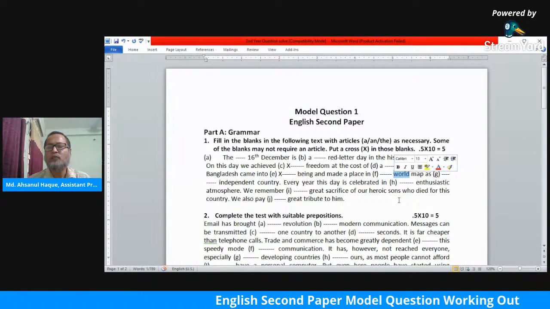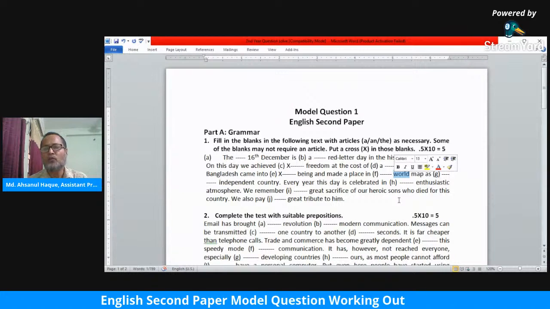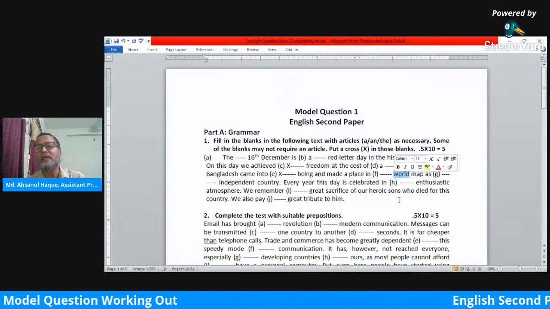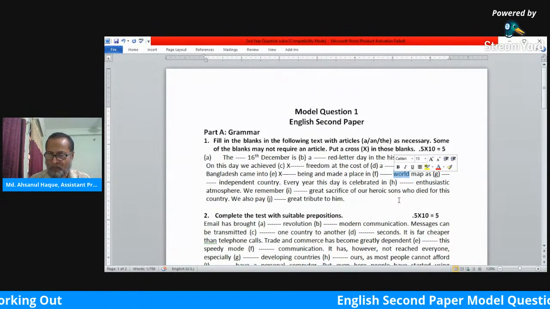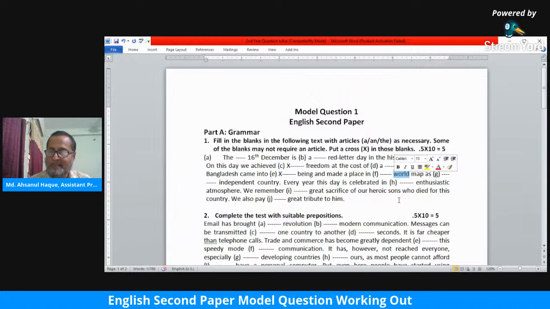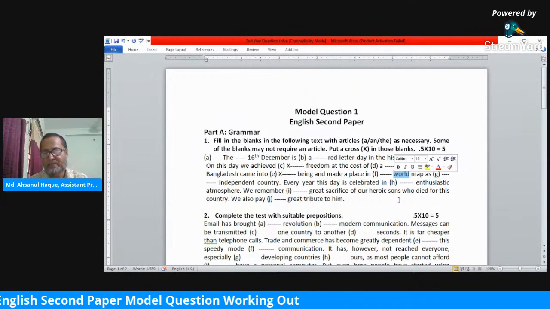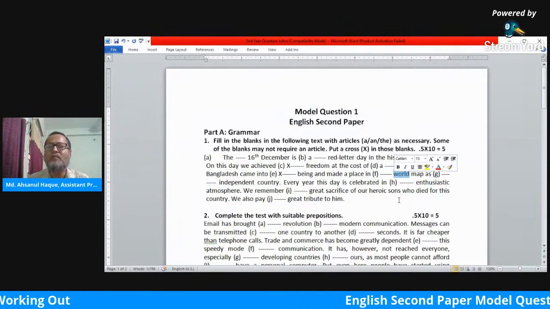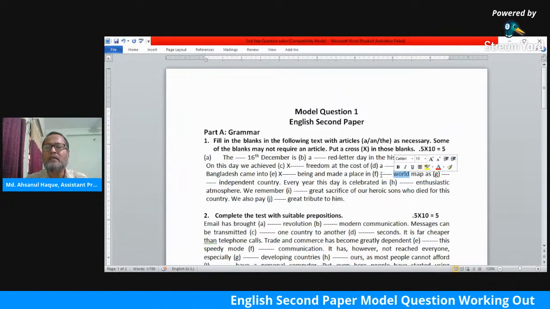Please try to keep it in mind. The rule: if it is earth, there should not be any article. Say on earth, not on the earth or on an earth, but in the world. So there should be the definite article the, and made a place in the world map. So there should be the.